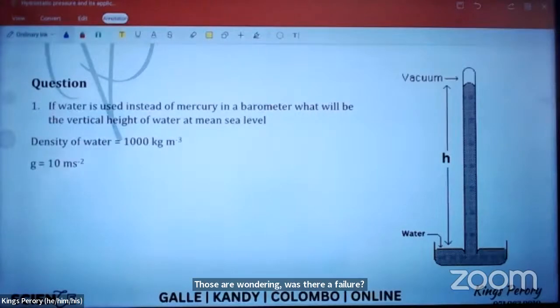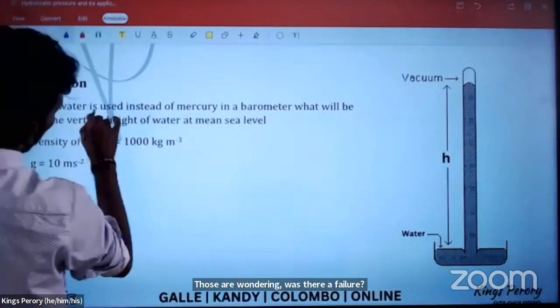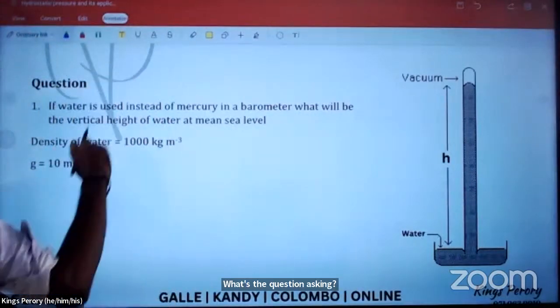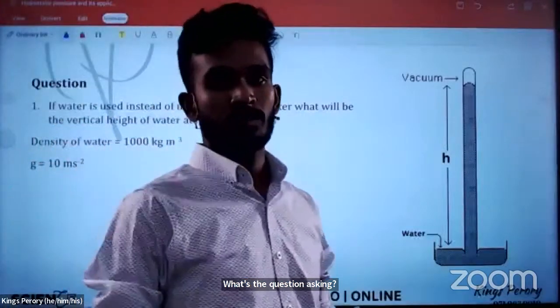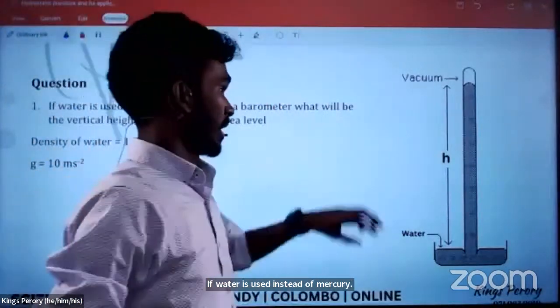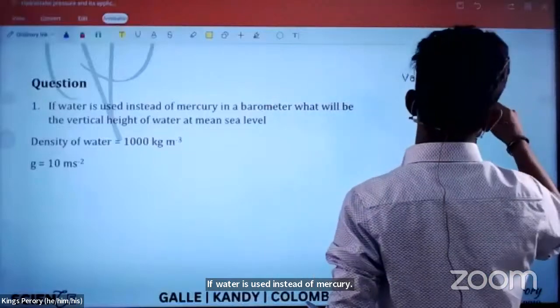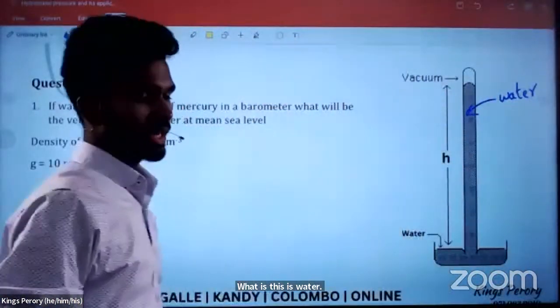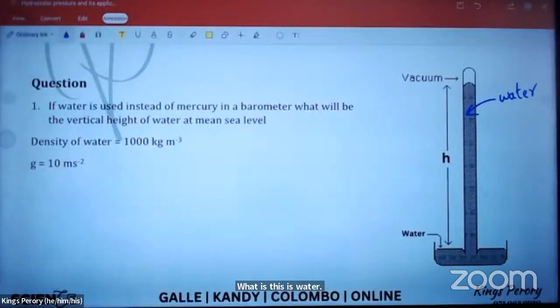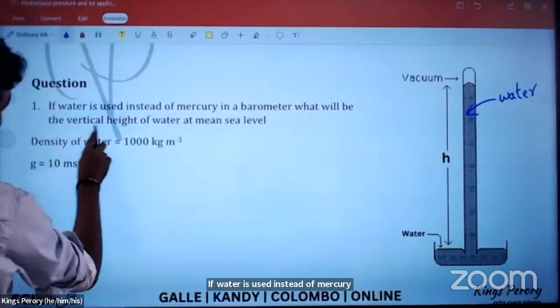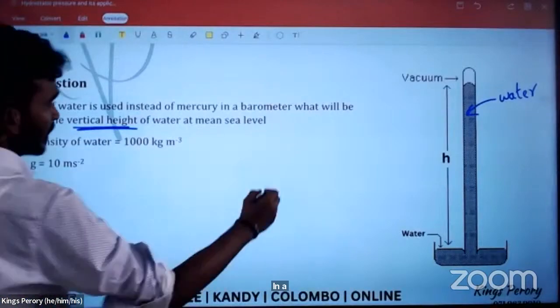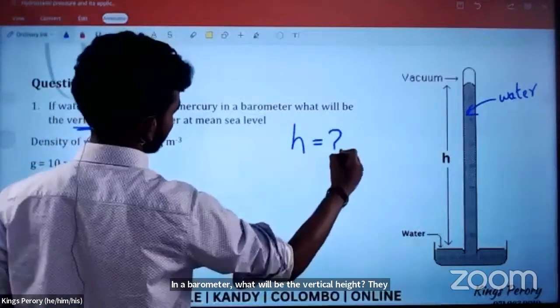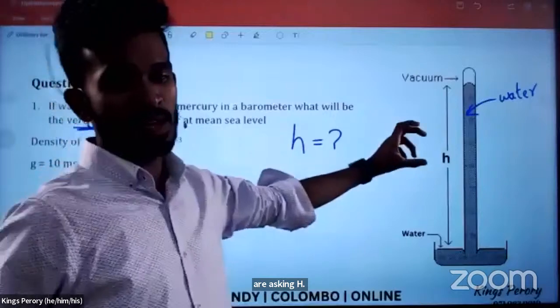What's the question asking? If water is used instead of mercury in a barometer, what will be the vertical height? They were using mercury, now this is water.